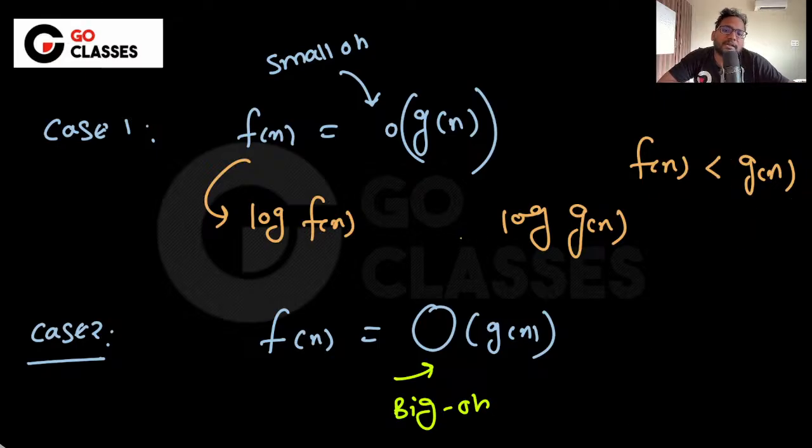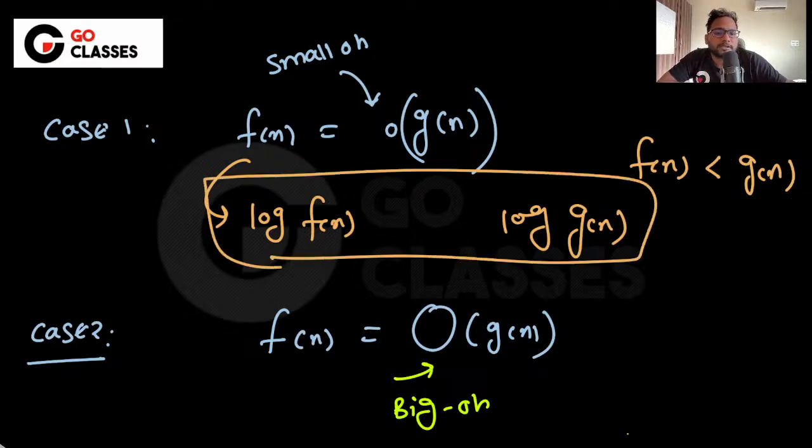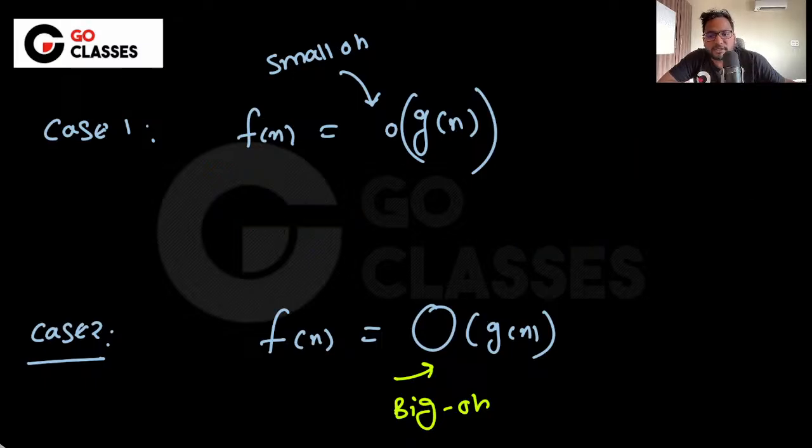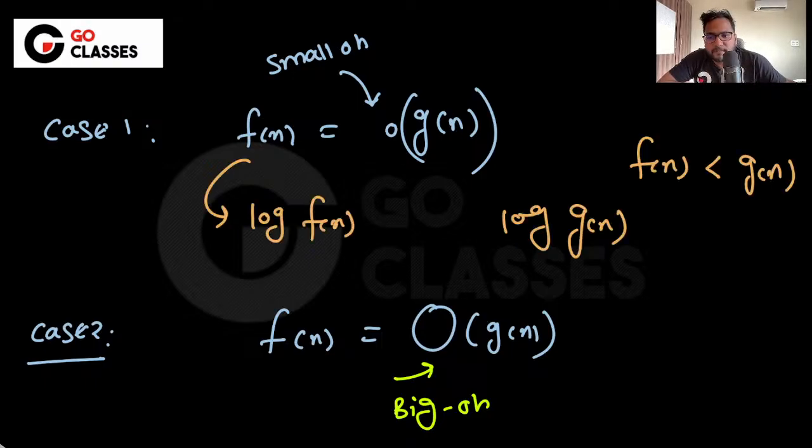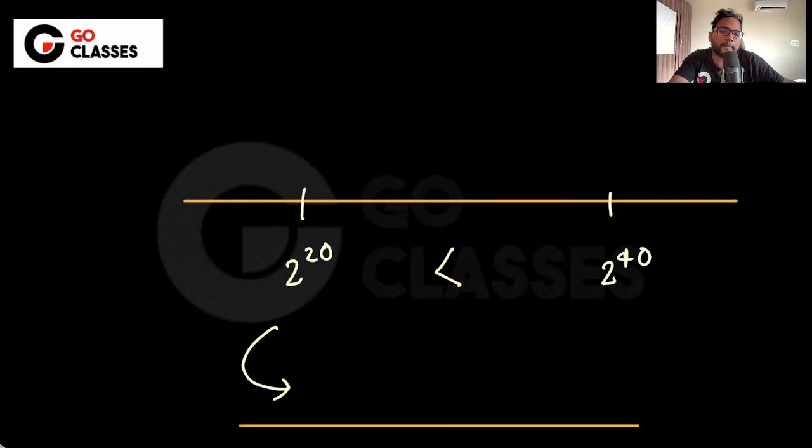Now after taking the log, what do you think? See, log is an increasing function, isn't it? Let me just explain this. Let's suppose there is one number which is 2 power 20, and another number, 2 power 40. 2 power 20 is lesser than 2 power 40. After taking the log, the relationship also holds, isn't it?